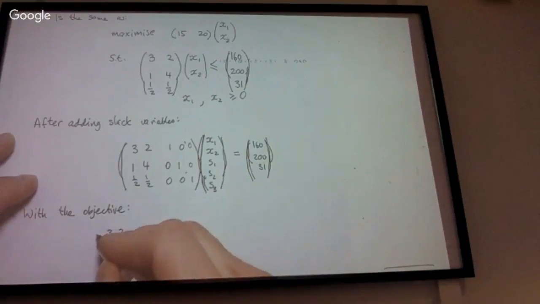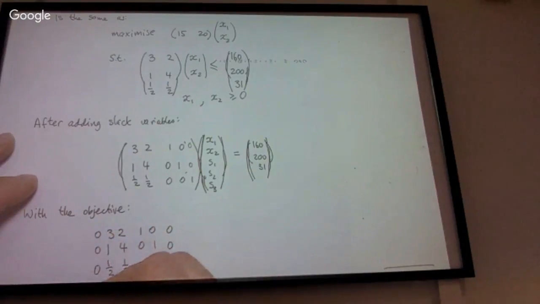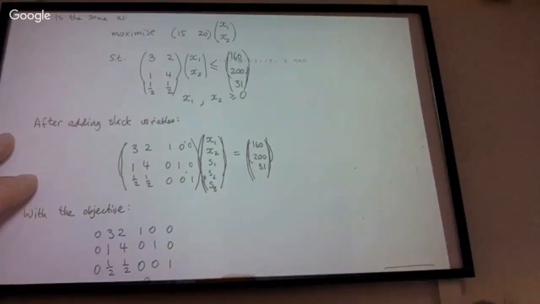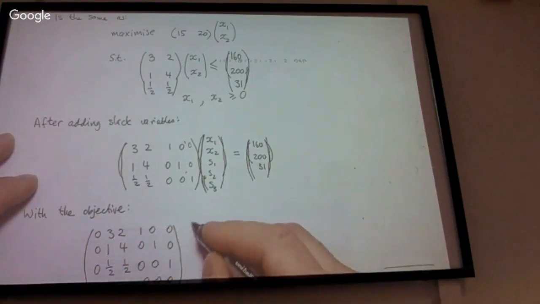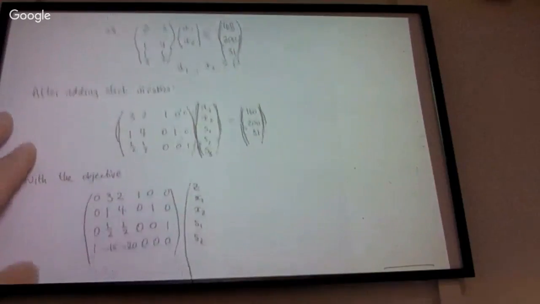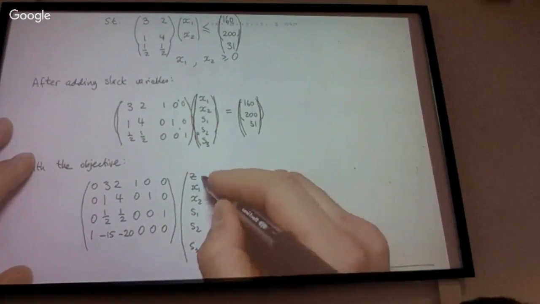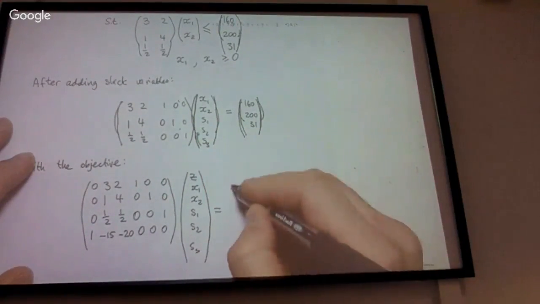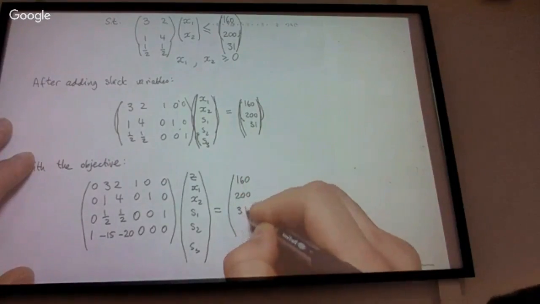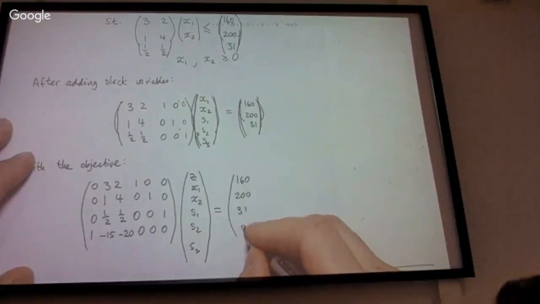Okay, I'll put it at the bottom for no good reason. And then we had -15, -20, 0, 0, 0. So that's one matrix. Now, this is a long vector: Z, x1, x2, s1, s2, s3. And the right-hand sides are 160, 200, 31, and 0. Okay?